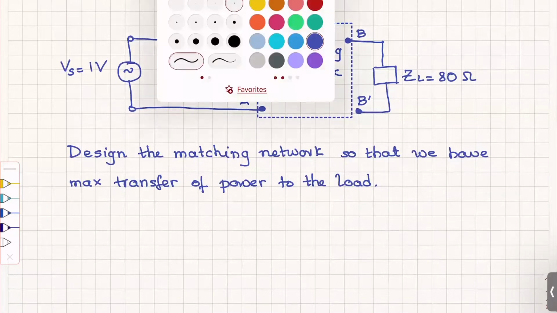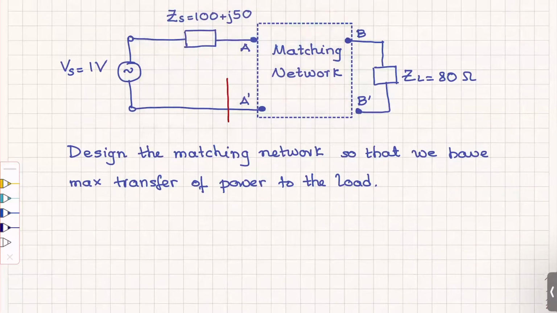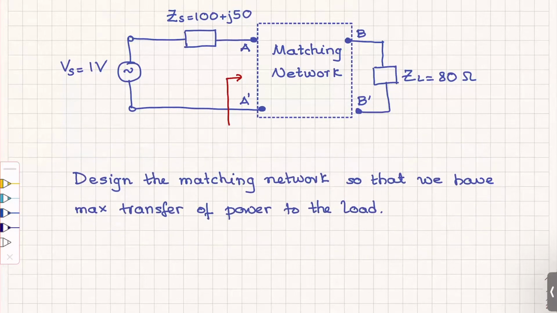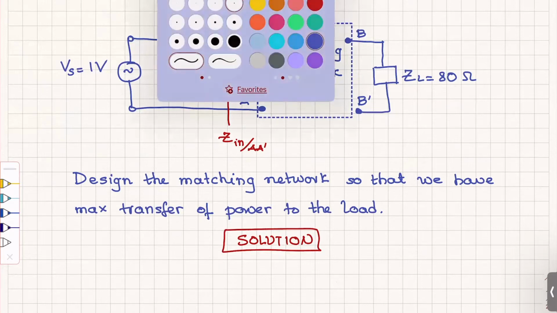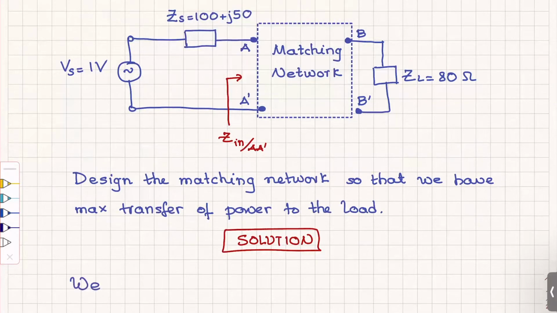Okay, now let's assume that this is the input impedance at AA prime. All right, so Z input at AA prime. So we know, so the solution is here. So we know that we need to have the following condition.